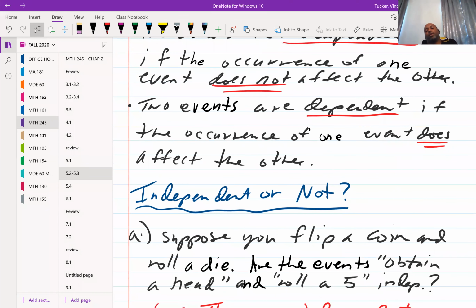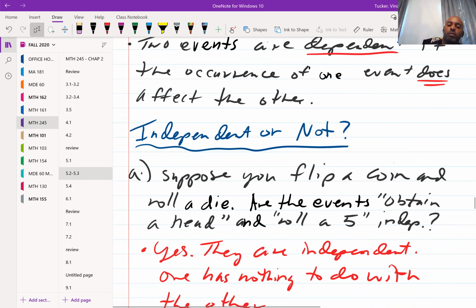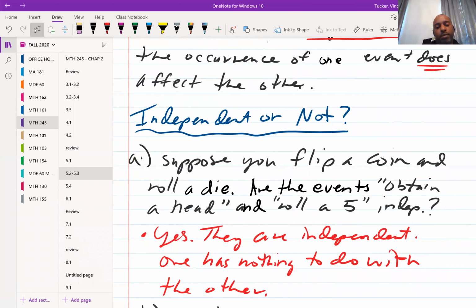All right. So suppose you flip a coin and roll a die. Are the events obtain a head and roll a 5 independent? So you're talking about flipping a coin and rolling the die. Does either one of those affect the probability of the other one occurring? They are independent because one has nothing to do with the other.